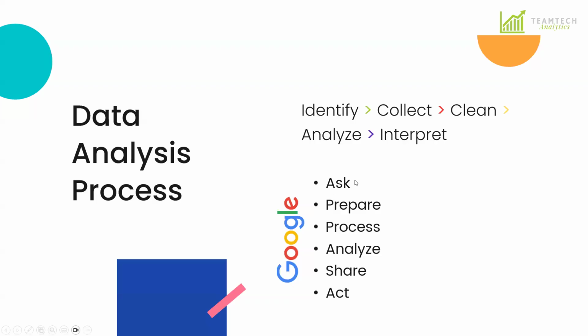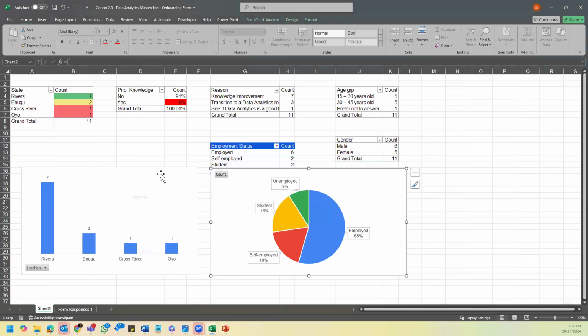They follow the process, they get the data, prepare it, process, analyze it, and share it. When they present this data to me and I see all the information from it, I act. So it helps me make informed decisions in line with the training.